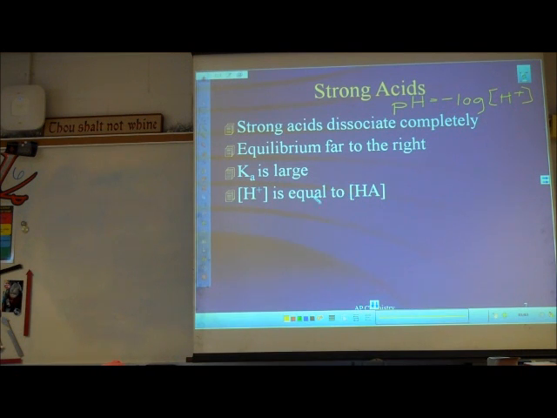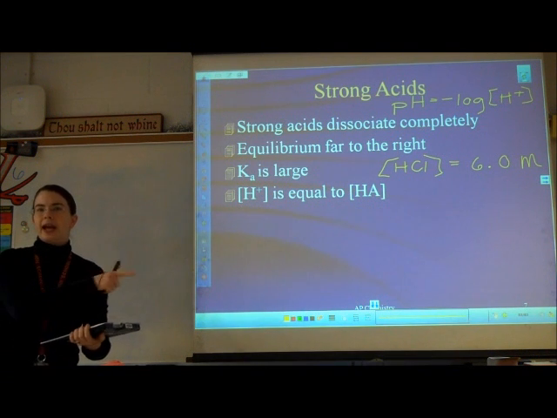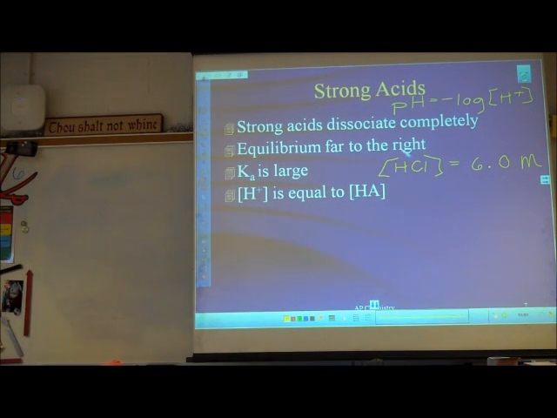And here's the thing. Let's say we're dealing with a strong acid. Let's say we're dealing with HCl. And I hand you a bottle of HCl, and I tell you that it has a molarity of 6. And I say to you, tell me what the pH is of that acid in the bottle. If we're talking about strong acids, whatever the molarity is of the acid as a whole, that is also the concentration of the hydrogen ion.